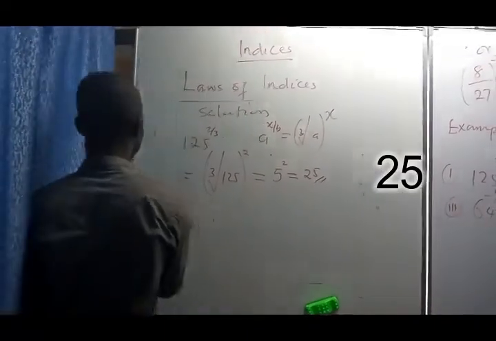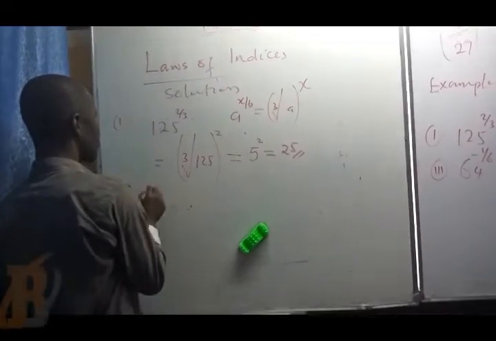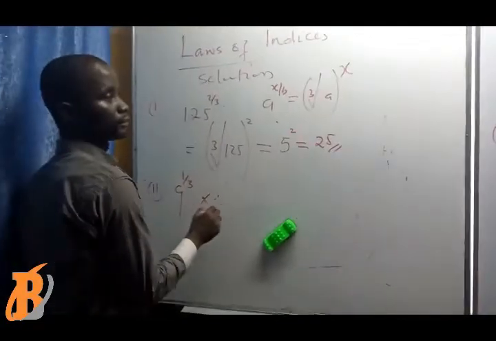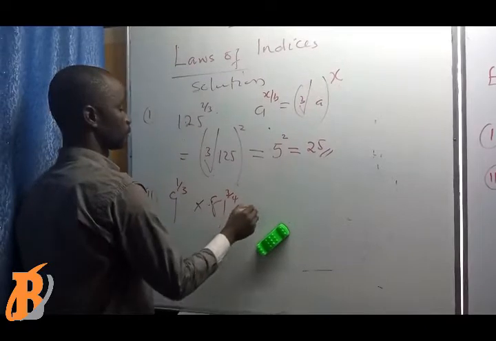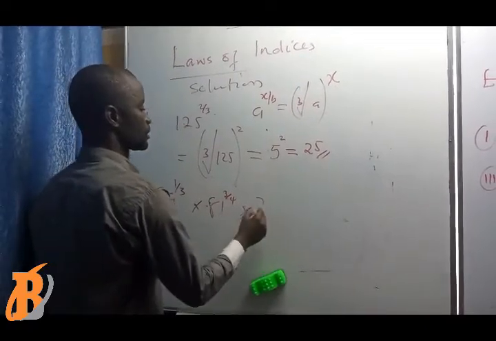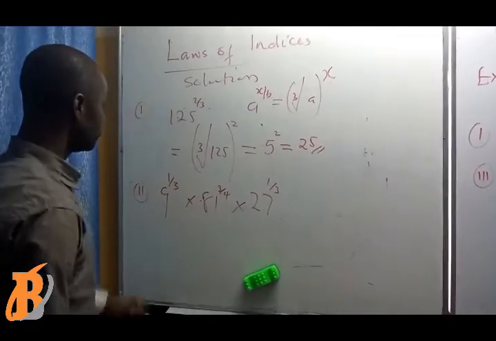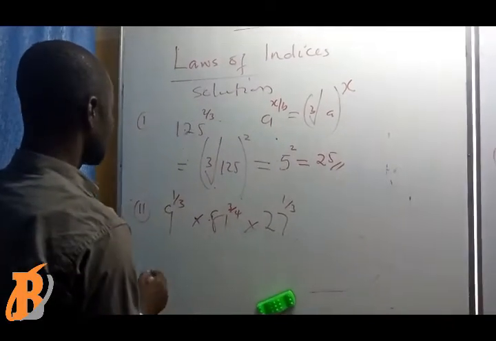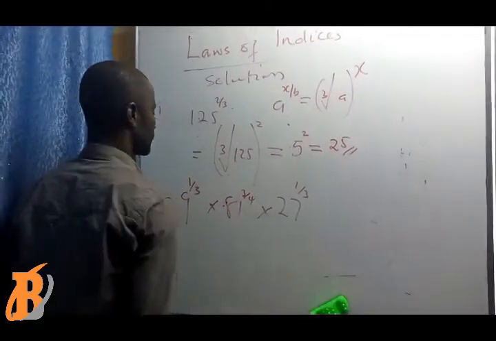Now the second question: 9 raised to power 1/3 times 81 raised to power 3/4 multiplied by 27 raised to power 1/3. Let's express this in terms of powers of 3.